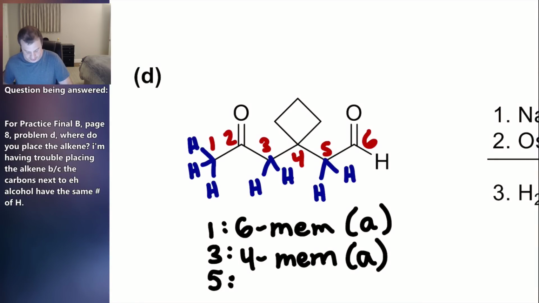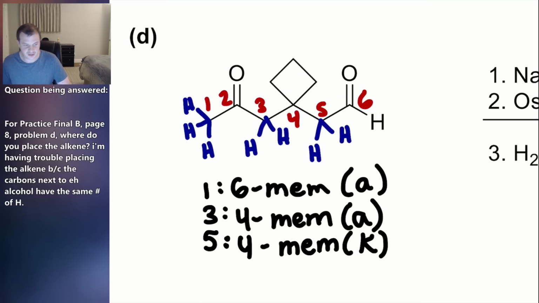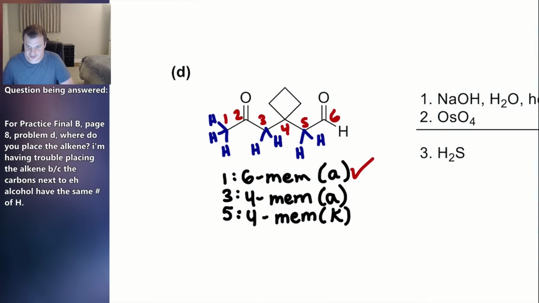That's a 4-membered ring, counting towards, sorry, what did I say starting from? Counting towards the aldehyde, and now we're counting towards a ketone. All right, so now we know that number 1 is our winner because we're making a 6-membered ring, and that's the favored size. So we're going to draw a 6-membered ring now.